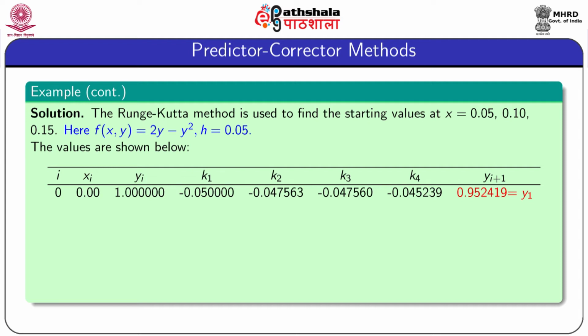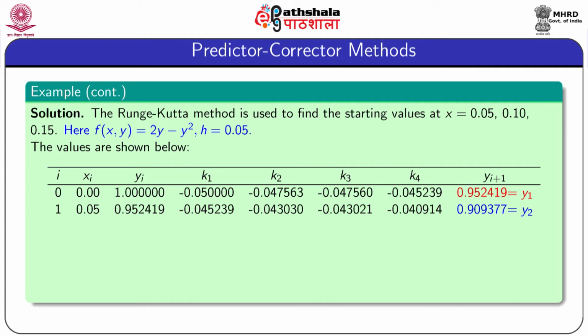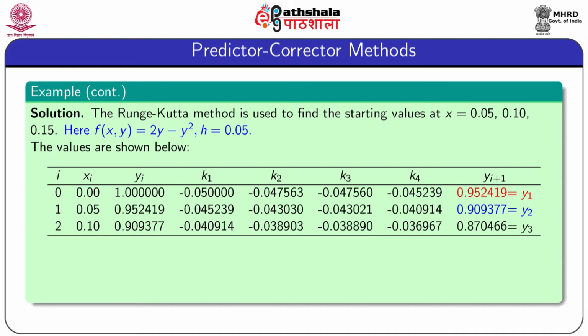This is the first starting value. Similarly, we use the same fourth order Runge-Kutta method to find the second starting value y2, which is equal to 0.909377, and the third starting value y3, which is equal to 0.870466.